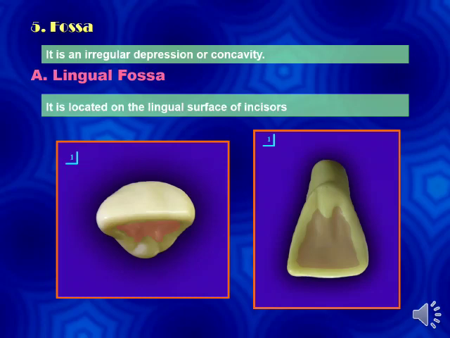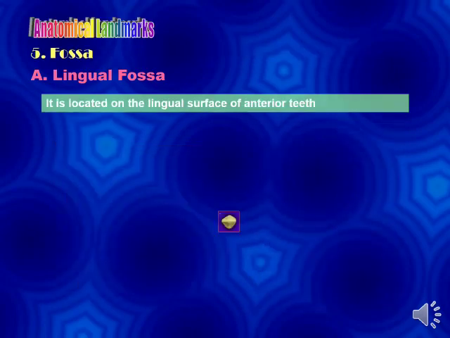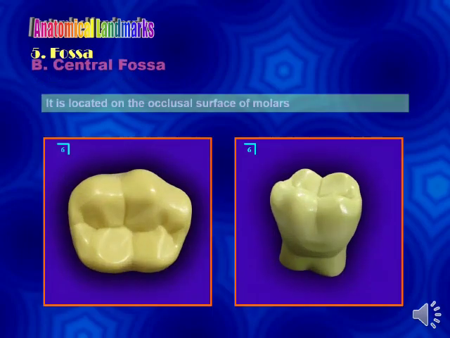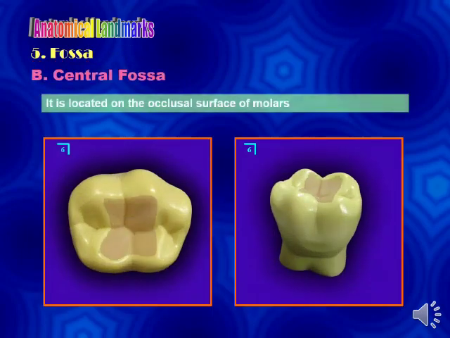It is located on the lingual surface of incisors. It is a slight concavity, and it is also found on the lingual surface of anterior teeth. Here, in the canine, is the lingual fossa. We have the central fossa.